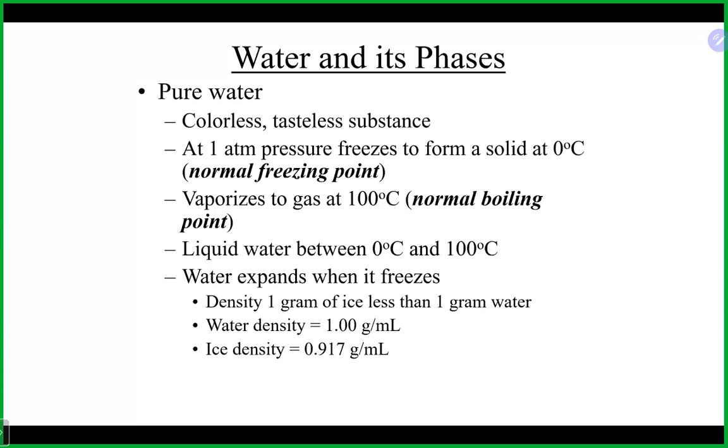One of the unusual properties of water, as we probably mentioned in an earlier chapter, is in the solid phase, where the density is lower, as you can see there, in grams per milliliter. In the solid phase, when these water molecules come together, they don't have enough energy to get really close to one another.